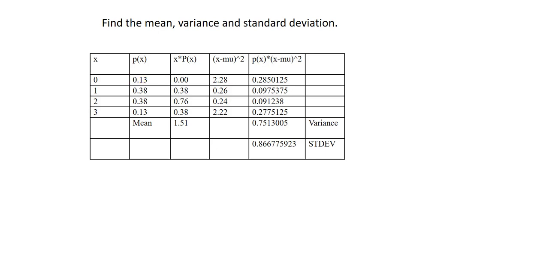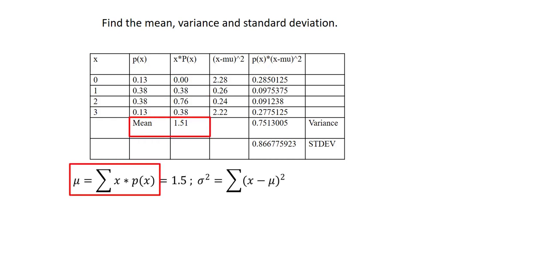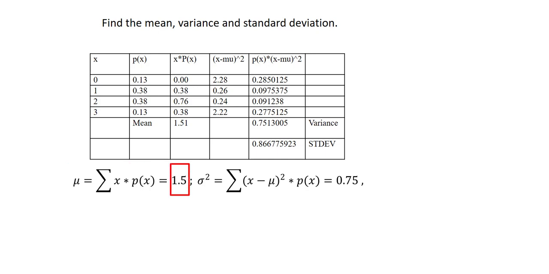For example, in that first cell, I'm multiplying 0 by 0.13. And then I'll repeat throughout that column. When I add up all I have in that column, it would be my mean. So the formula in this case is the sum of x multiplied by p of x, which is 1.5.